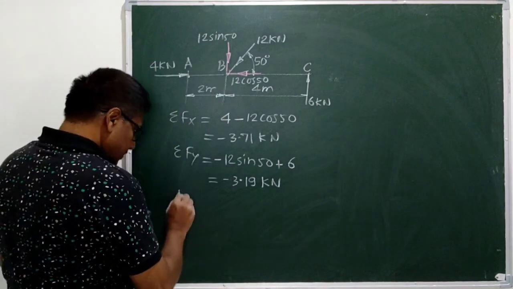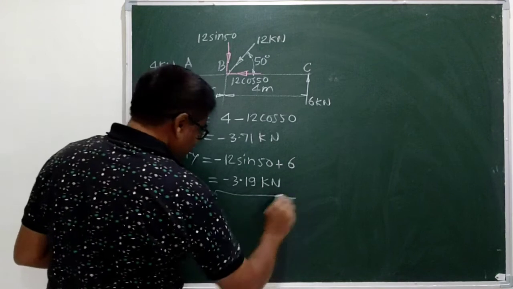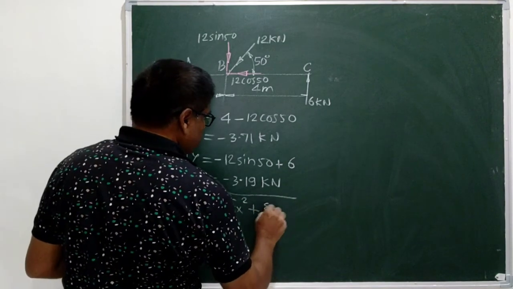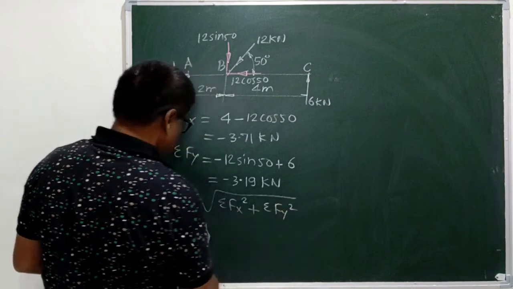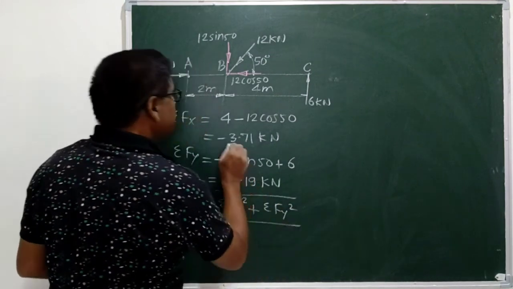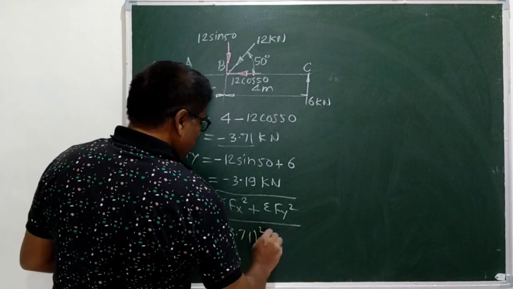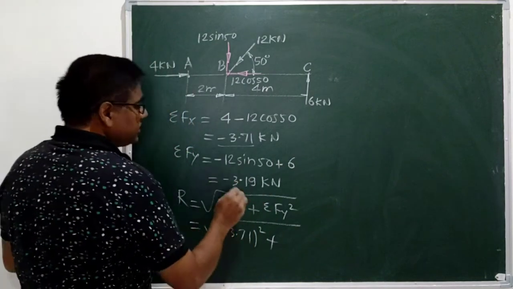Now after this, let us find magnitude of resultant by using formula, under root of sigma fx square plus sigma fy square. The value of sigma fx is minus 3.71 kilonewton. The value of sigma fy is minus 3.19.